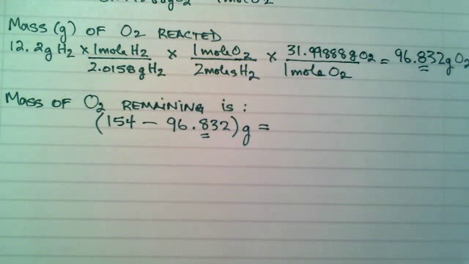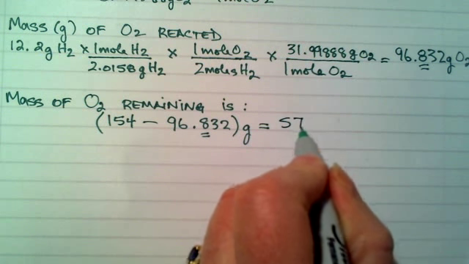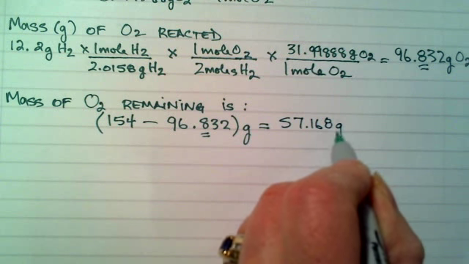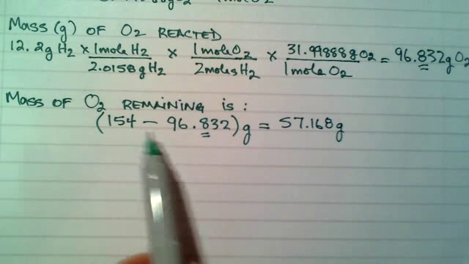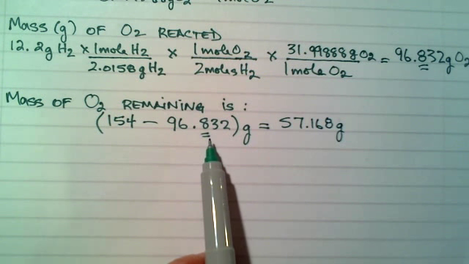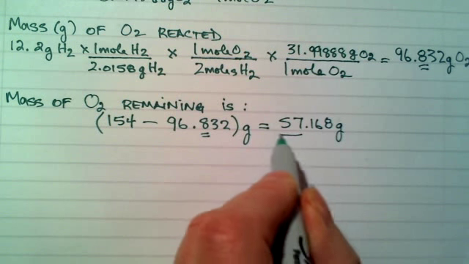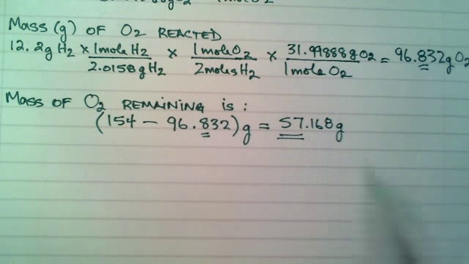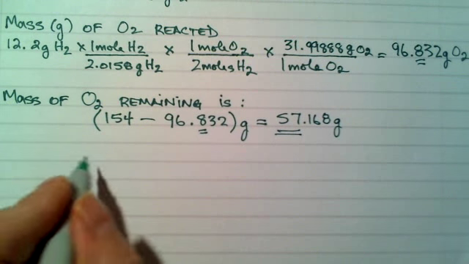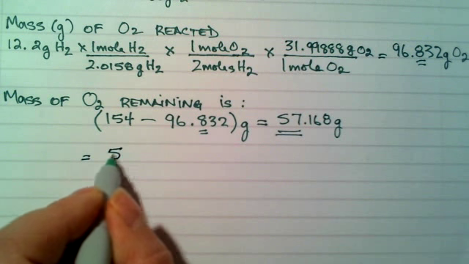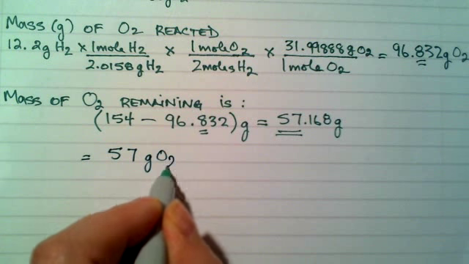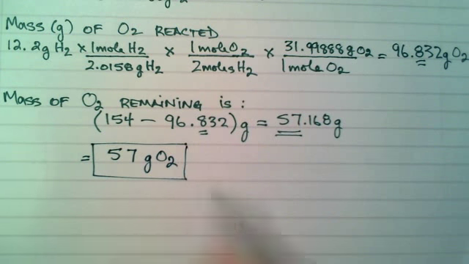So 154 minus 96.832 is 57.168. Now, 154 has no decimal places, so that means that my final answer can only have no decimal places. Therefore, the sig figs on it is 2. So my final answer is 57 grams of O2. That's what remains.